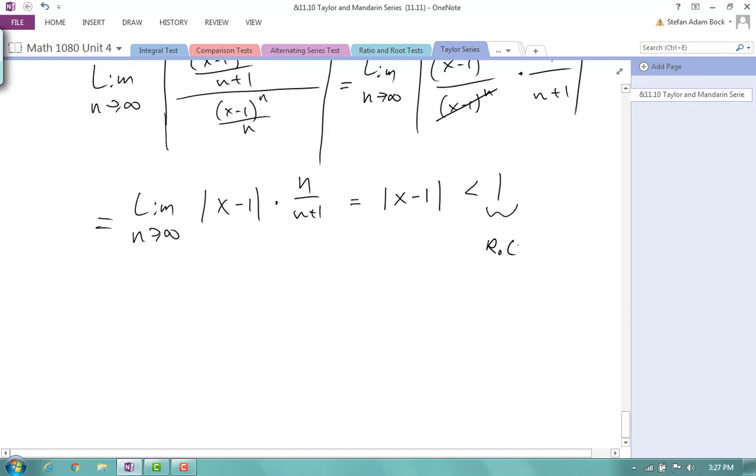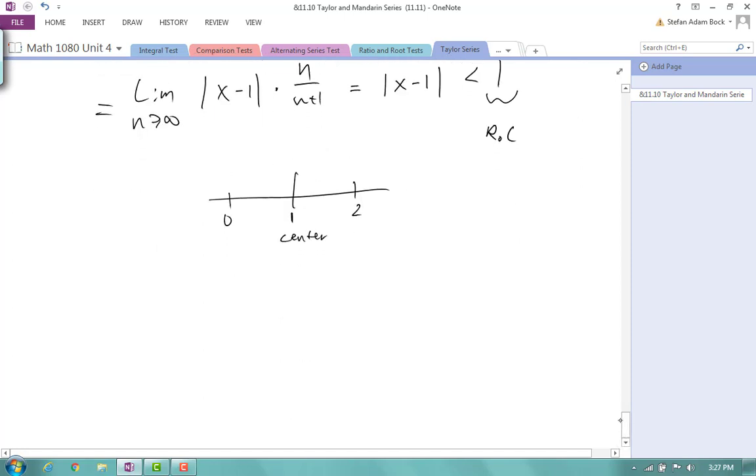To find my interval of convergence, I would test the endpoints. So if I plug in 0 for x, or if I plug in 2 for x, I'll have two different series. So n equals 1 to infinity, negative 1 to the n minus 1 times negative 1 to the n over n.